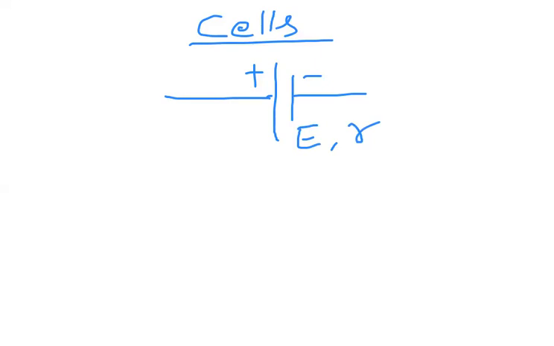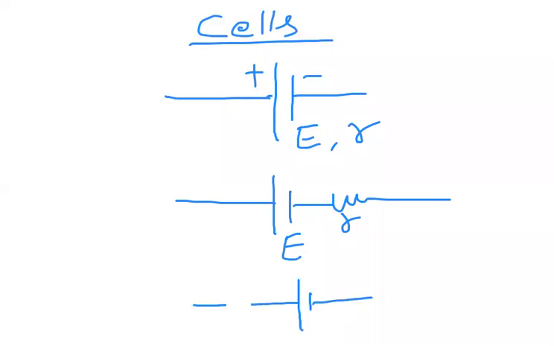Here we can represent the cell symbol like this, or we can also write the cell symbol in this way also. E and small r, or simply sometimes they will write E. All these things indicate a cell of EMF E, even though they didn't write it here.